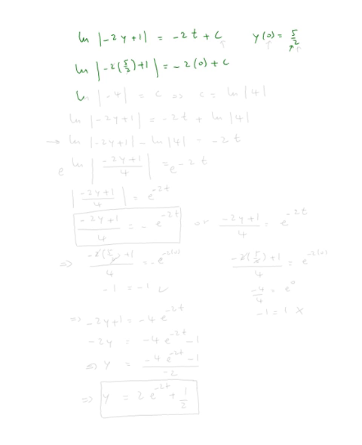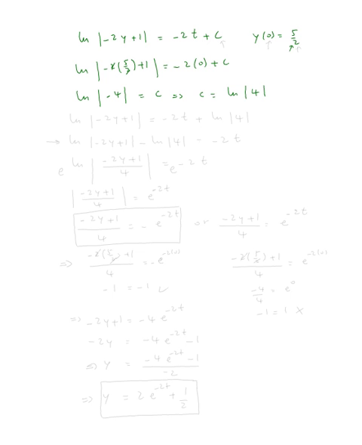So this will be ln of negative 5 plus 1, negative 4, equals 0 plus c. So c is equal to ln of absolute value of 4. It doesn't matter 4 or negative 4; the absolute value of 4 and of negative 4 are the same.